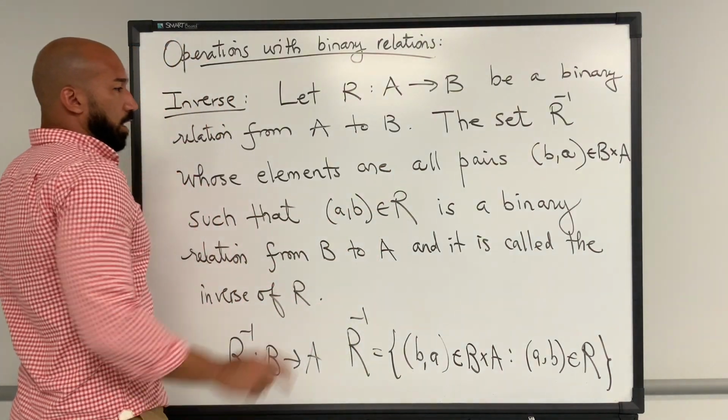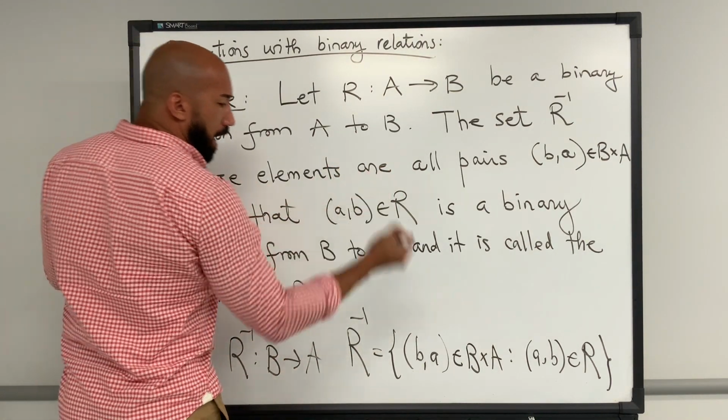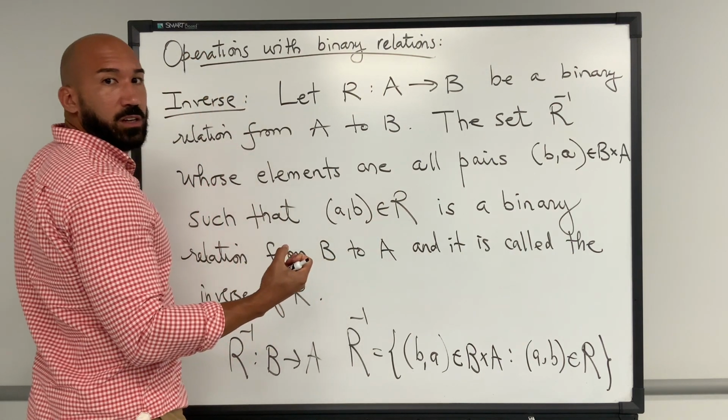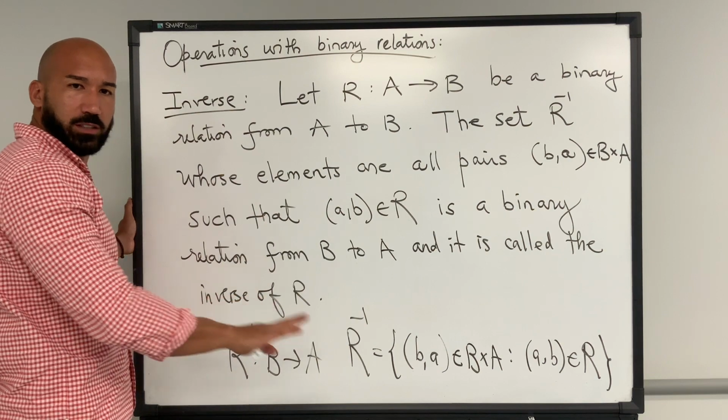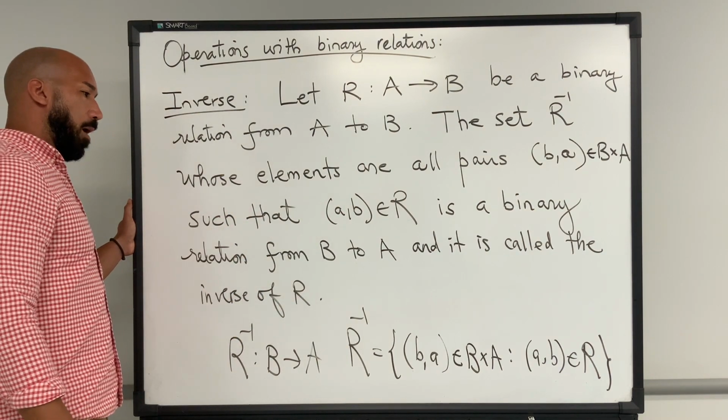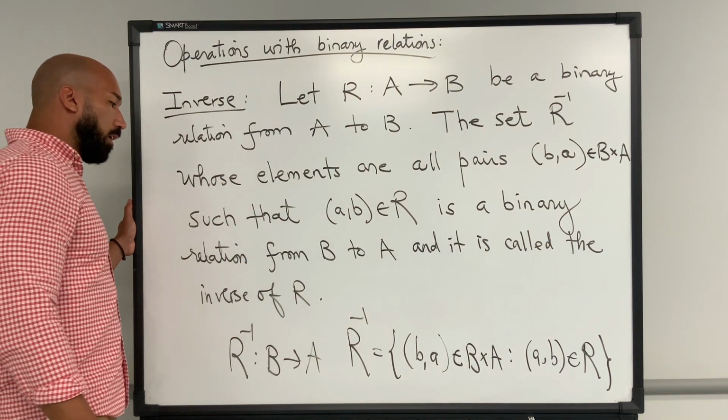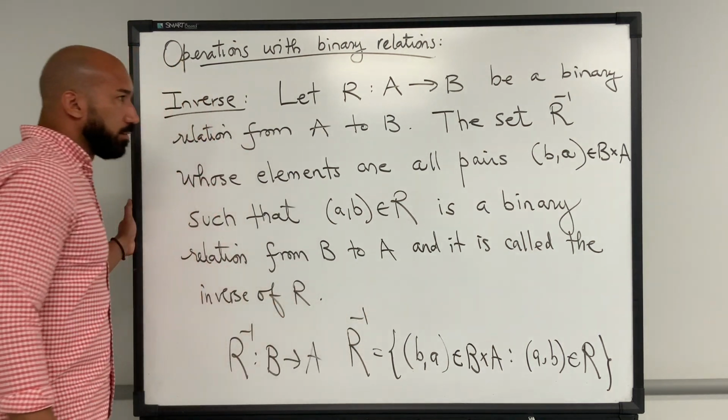Every time we switch the two components of a pair in R, we put the resulting pair in the inverse, and when we are done with all the pairs, that's going to be R to the -1. So okay?